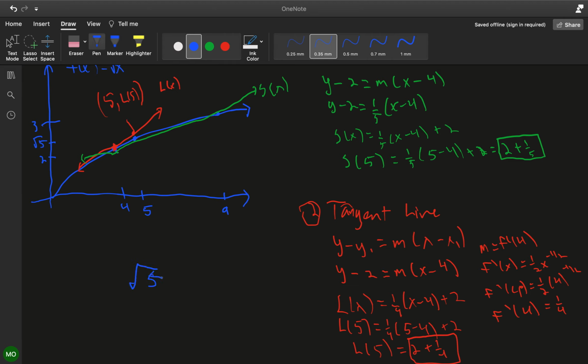Here's the square root of 5. And we know that it is going to be less than 2 1/4. And we also know that it's going to be greater than our estimate from our secant line, which is 2 plus 1/5.